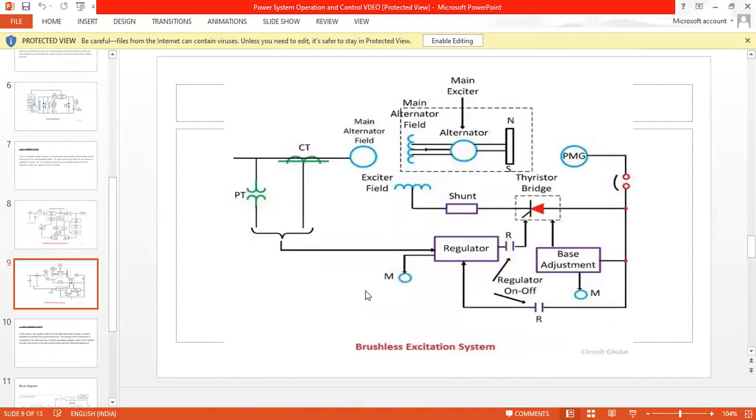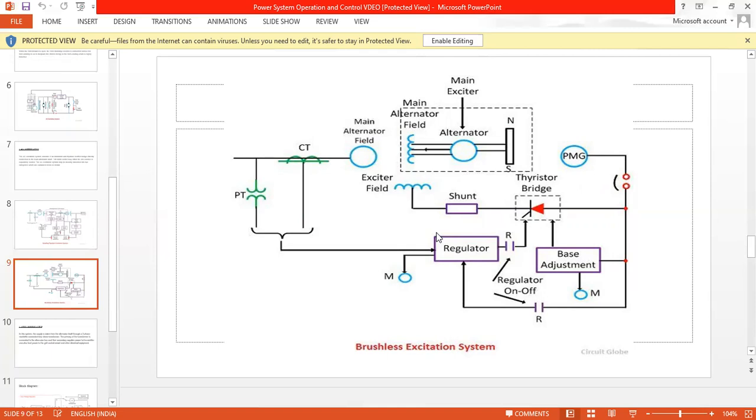Here, the shunt device is directly connected to the thyristor bridge, and the other end of the shunt is connected to the exciter field, where these three are connected across the CT and PT boxes, whereas the main alternator field and the main exciter are also connected in parallel to the alternator.